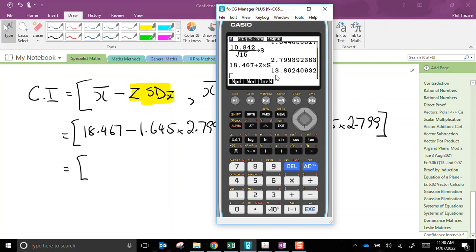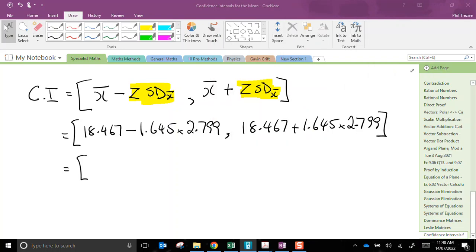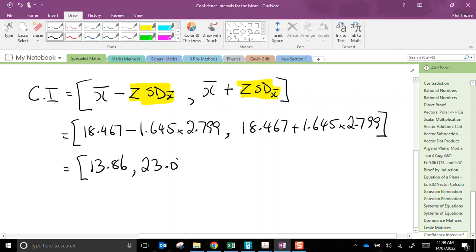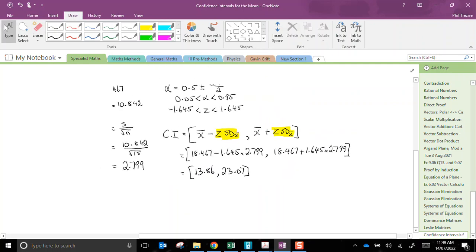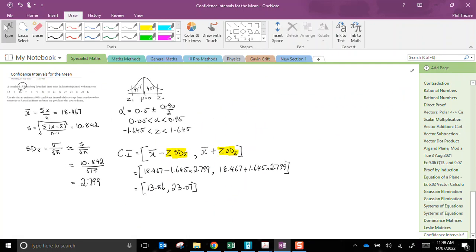So I've got my lower value of 13.86. And for the upper value, I'll just need to add instead of subtract that time. And that's 23.07. So there's my confidence interval, and that's the end of the question as far as the mathematics is concerned.